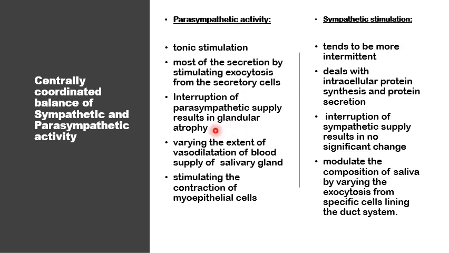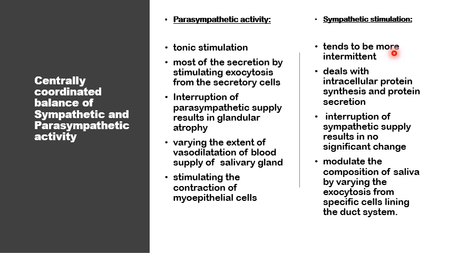The extent of the vasodilatation of the blood supply to the salivary gland is also under the control of the parasympathetic activity, and this would influence the saliva production. Also, the parasympathetic activity is responsible for stimulating the contraction of the myoepithelial cells. On the other hand, the sympathetic stimulation tends to be intermittent rather than tonic.